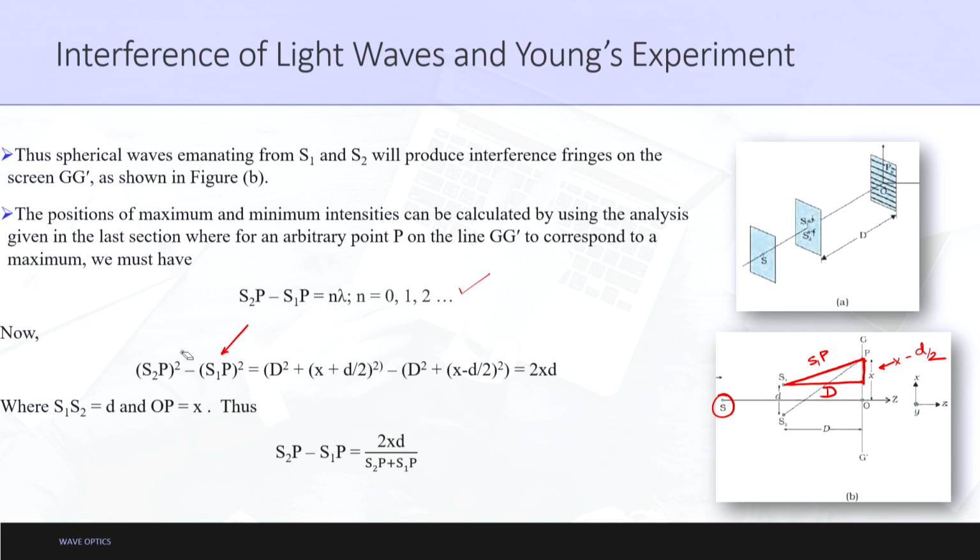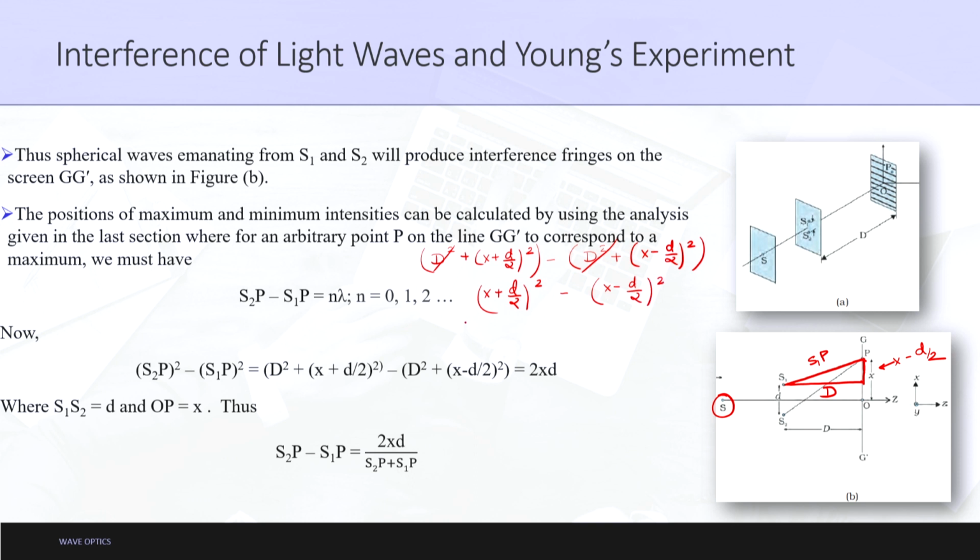Let me do the mathematical formulation here so that you can understand why it comes like this. D square plus x plus d by 2 whole square, minus D square plus x minus d by 2 whole square. Here D square gets cancelled directly, leaving x plus d by 2 whole square minus x minus d by 2 whole square.